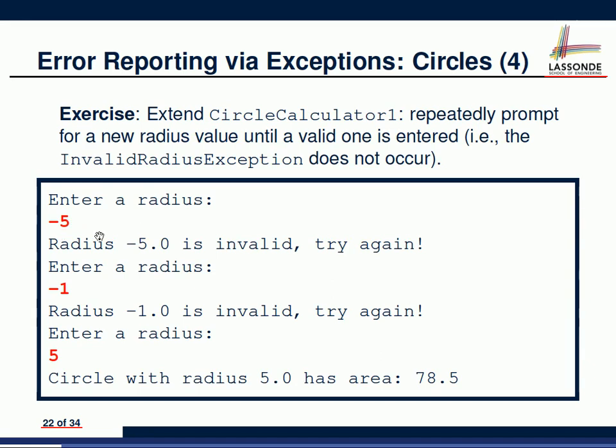If the user enters -5, rather than throwing the exception to the console, you simply prompt again for the value. They tried -1, also not good. As soon as they have a valid value, 5, now you can calculate. Basically, you're going to iteratively prompt the user for input as long as they are not valid just yet. That's the idea. That's the exercise.